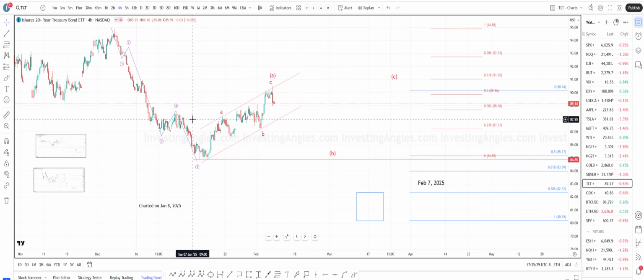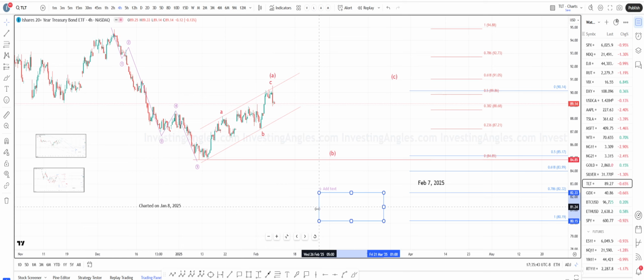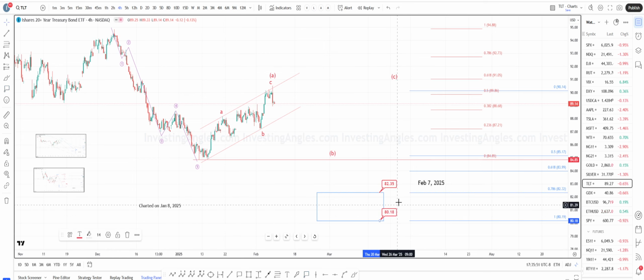So the potential bearish flag here could be complete, and if we see a confirmation in the next couple of days, particularly breaking below the lower boundary of this flag, then this would be our target for the next move. Let me mark the approximate prices. It's going to be between 80 and 82.